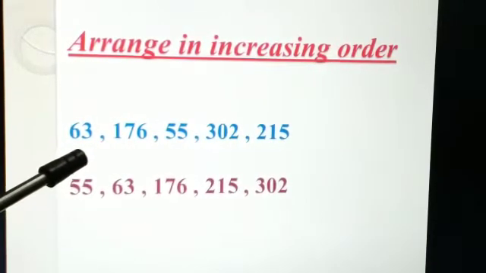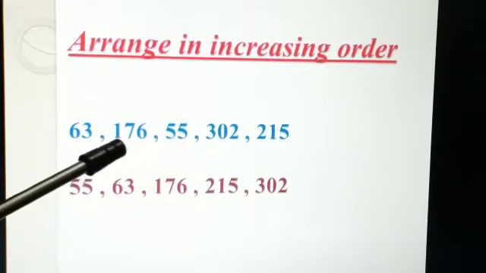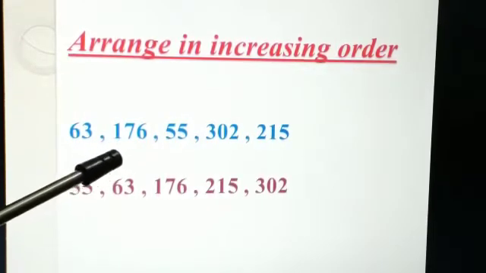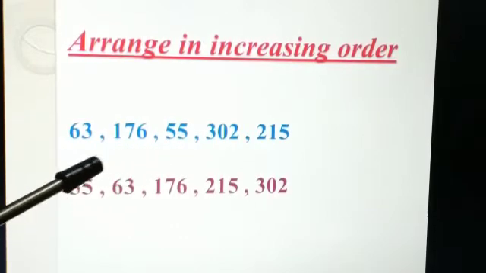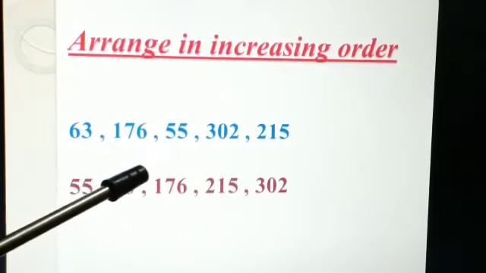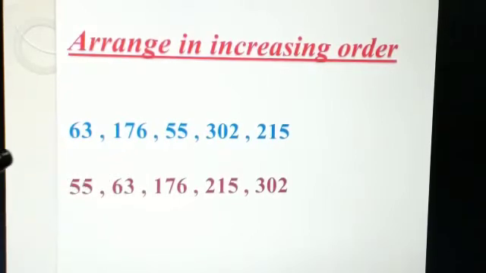That means some numbers have 2 digits and some numbers have 3 digits. So all the numbers having 2 digits will be the smaller numbers, and all the numbers having 3 digits will be the greater numbers. So to arrange the numbers in increasing order, we will write the 2-digit numbers first, and these are 63 and 55.